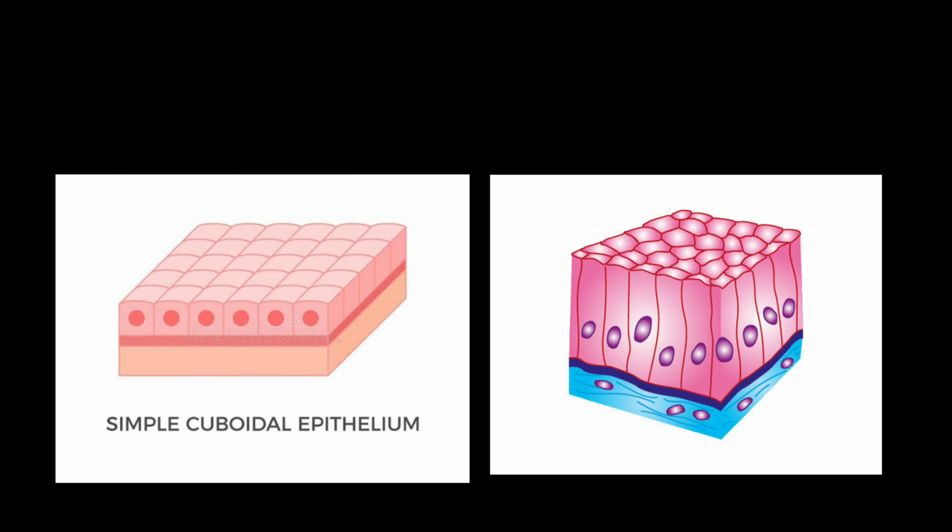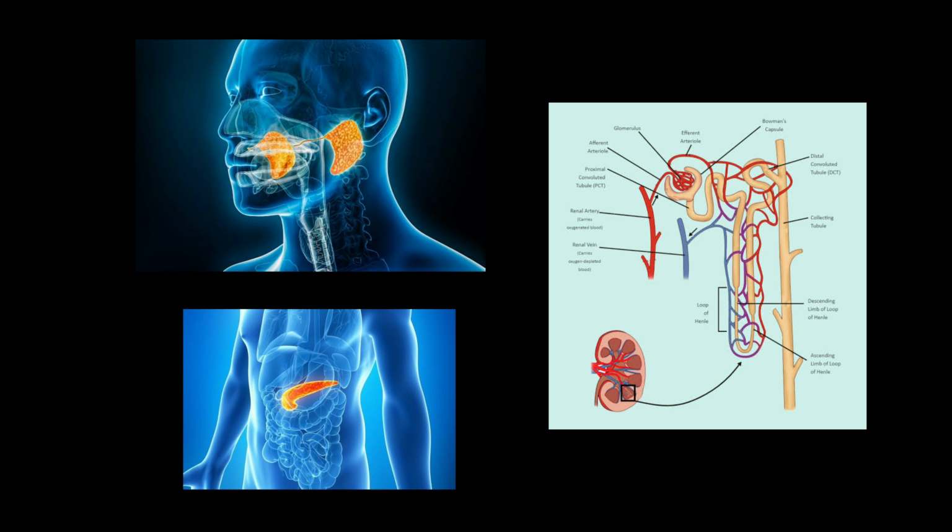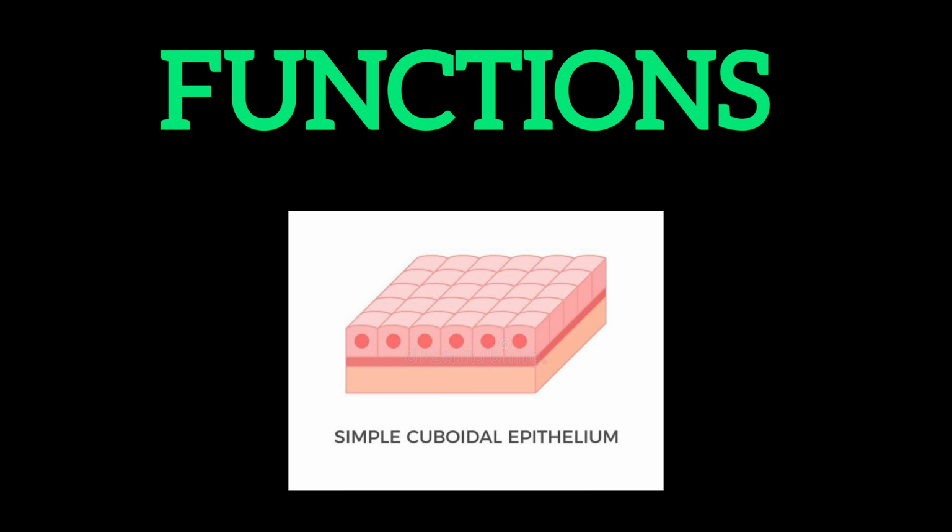Now let us study about simple cuboidal epithelium and columnar epithelium. First, cuboidal epithelium. Where do we find this cuboidal epithelium in our body? We find this tissue in linings of the salivary gland, pancreatic duct and kidney tubules. The main function of cuboidal epithelium is providing mechanical strength.